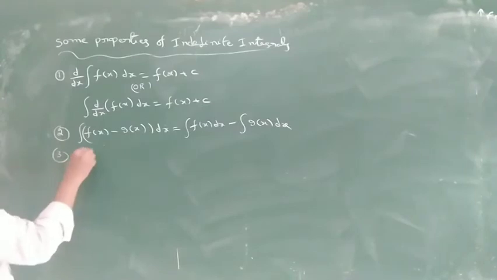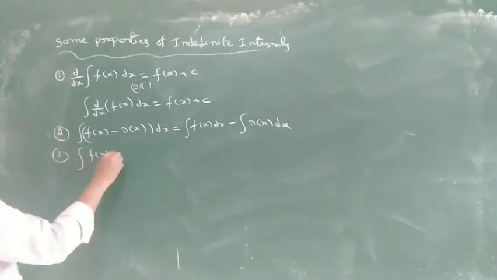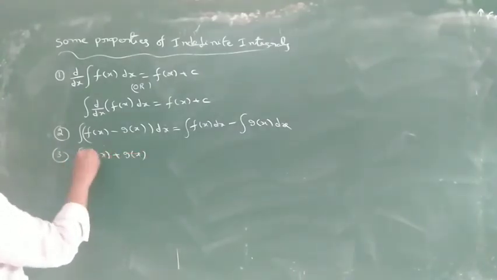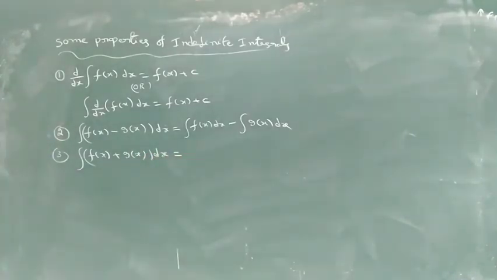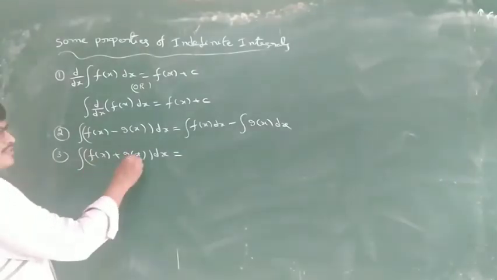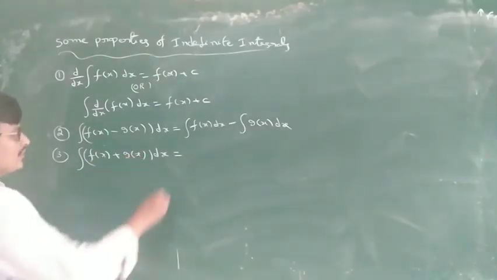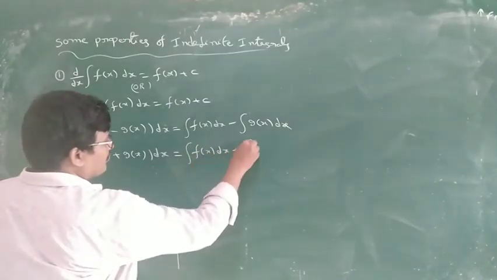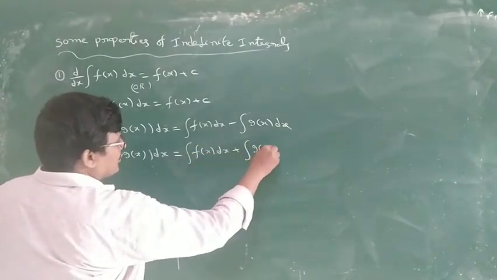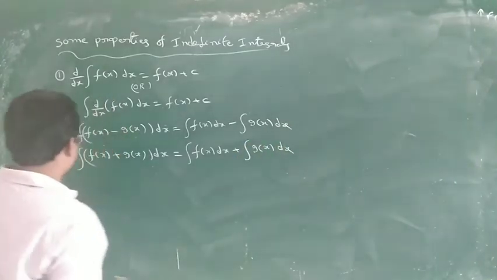Next, integral u plus v, f of x plus g of x dx. The derivative of u plus v is the derivative of u plus the derivative of v. So integration of u plus v, where u is f of x and v is g of x, is integral f of x dx plus integral g of x dx.